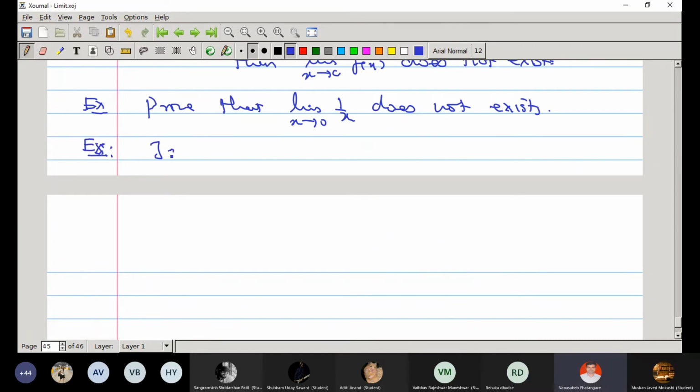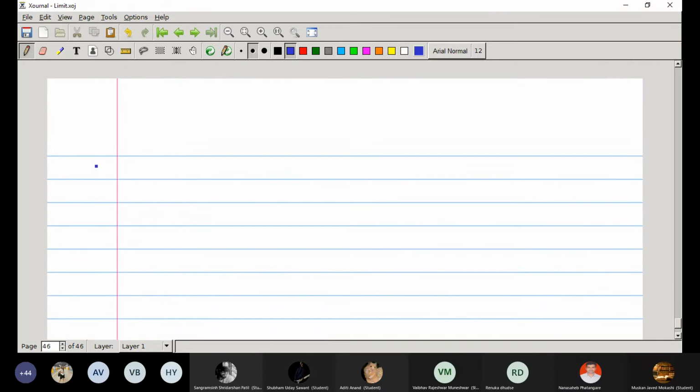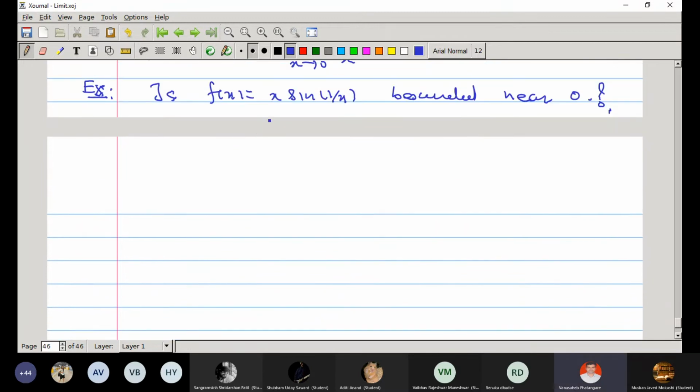So is f(x) equal to x sine 1 by x bounded near 0? Yes, sir. Right, so yes, because the limit exists. Now here the limit of x sine 1 by x is 0.